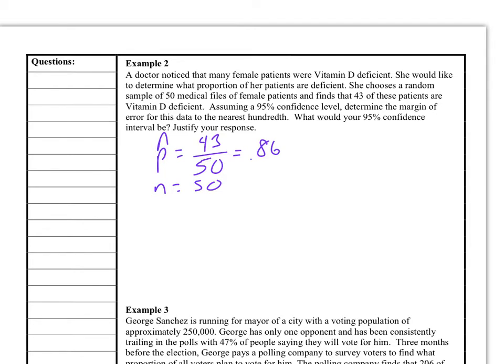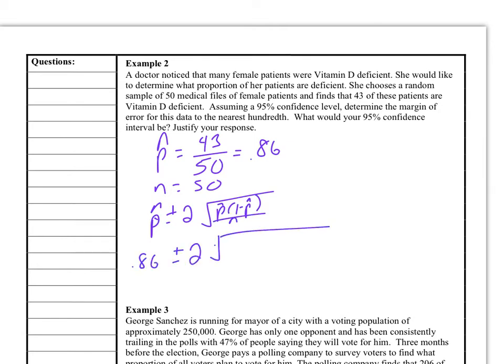So we need to find a 95% confidence interval, which is going to be p hat plus or minus 2 times the square root of p hat 1 minus p hat all over n. So 0.86 plus or minus 2 square root of 0.86, and then 1 minus 0.86, which is 0.14, all over n, which we said was 50.